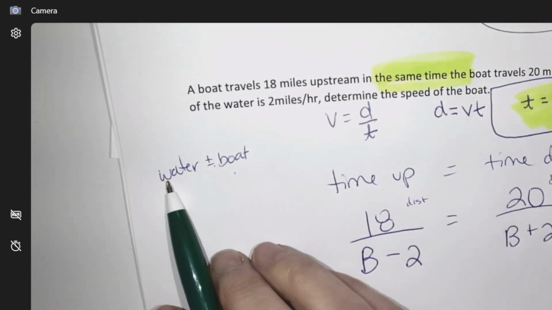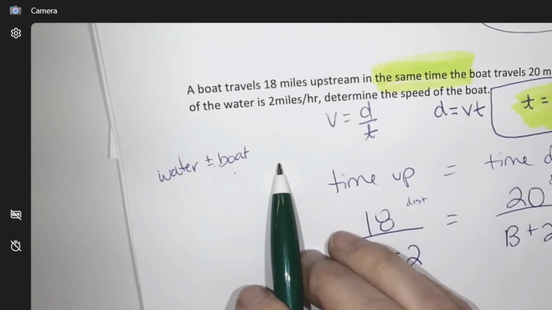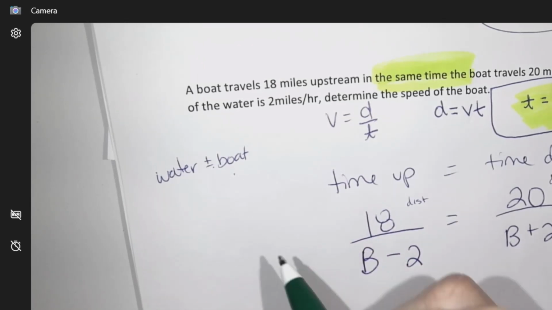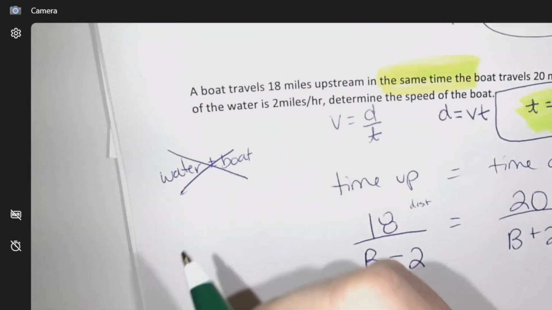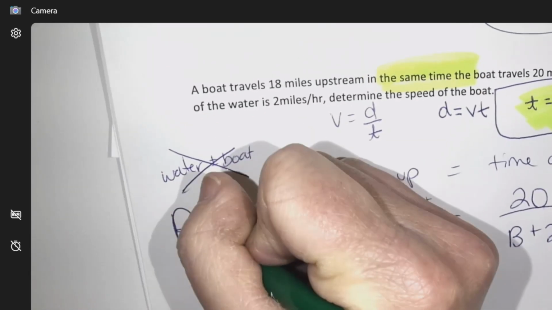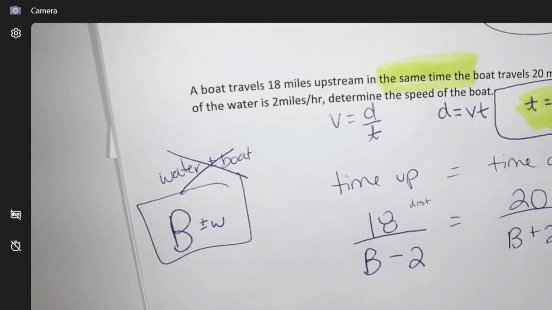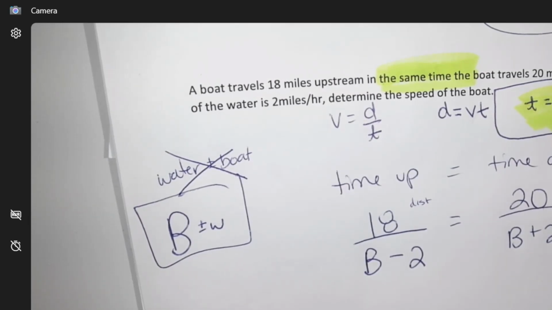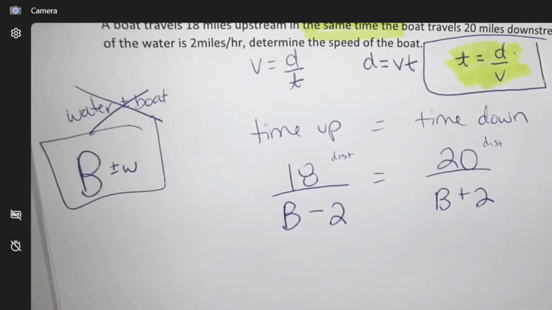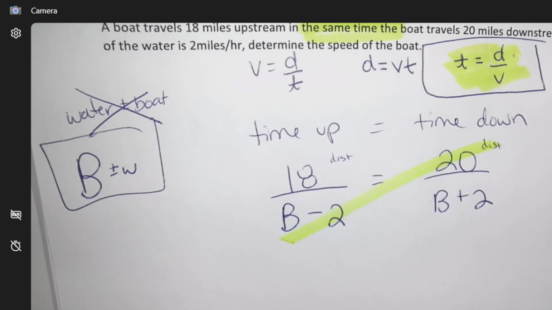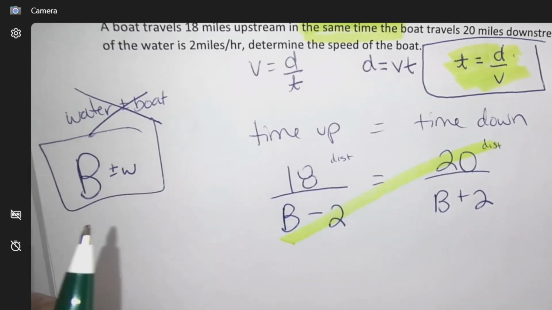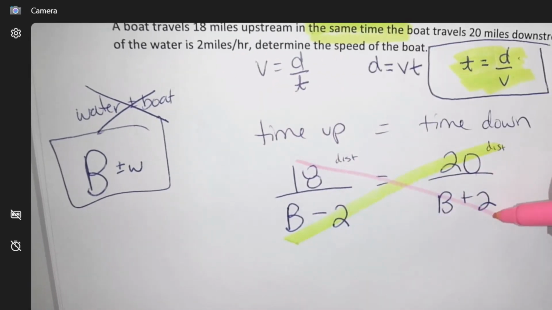Because if your water is 2 and then you minus the boat speed, that's going to be a negative number. So this is wrong. Make sure you always do boat plus or minus water. Always that order, right? Because if you flip that order, you're going to get a negative. Okay, go ahead. Give me a good cross multiply situation here.